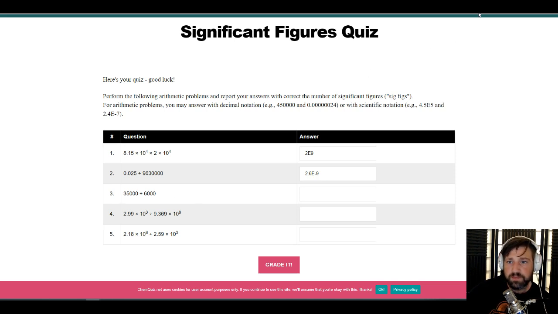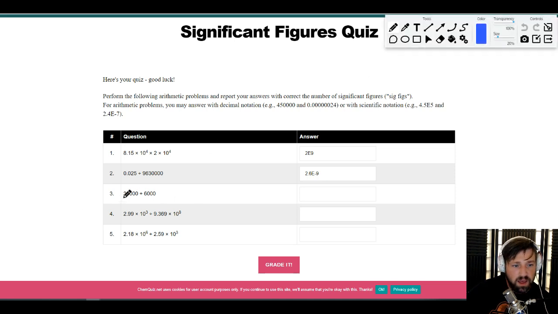This next one, same thing. Check the sig figs. These back zeros don't count. There's no decimal. It's going to be 2. This one, back zeros don't count. Just this one, so it's 1. We're going to be using 1 as our sig fig for this answer.